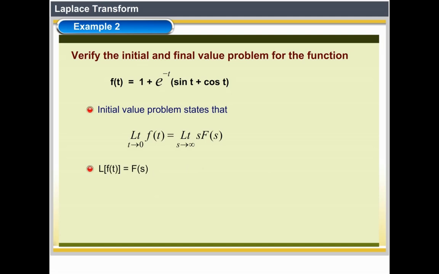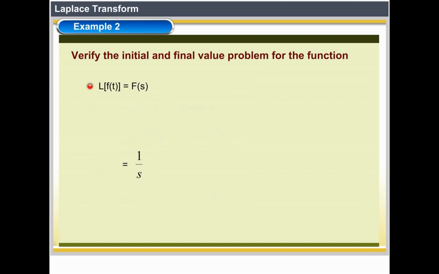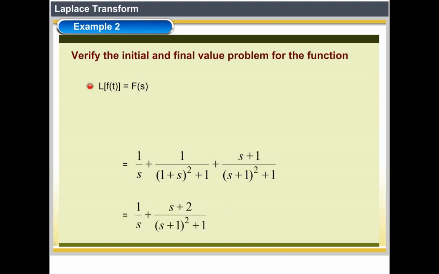L of f(t) equals F(s), equal to 1/s plus L of (sin t plus cos t) with s tends to s plus 1, equal to 1/s plus 1 divided by ((s plus 1) squared plus 1) plus (s plus 1) divided by ((s plus 1) squared plus 1), equal to 1/s plus (s plus 2) divided by ((s plus 1) squared plus 1).